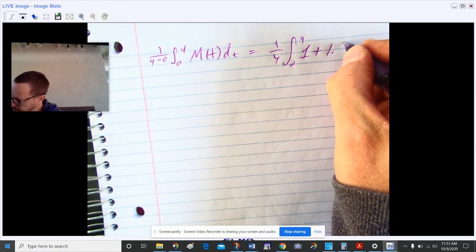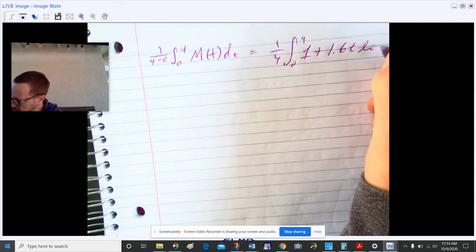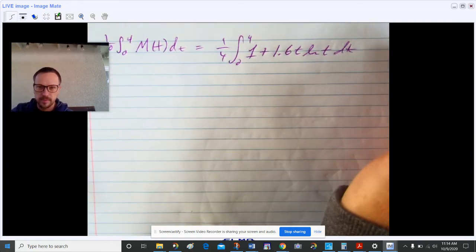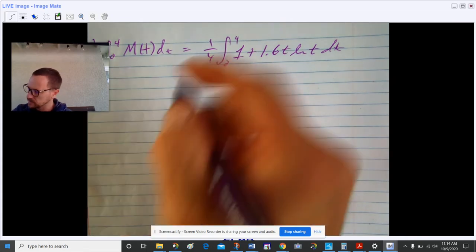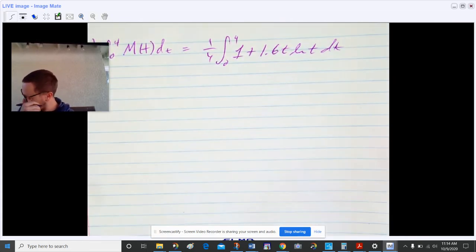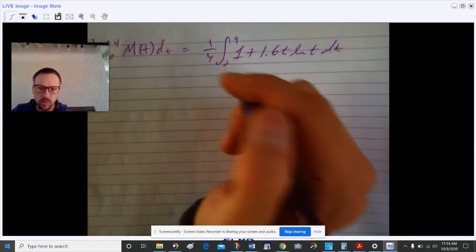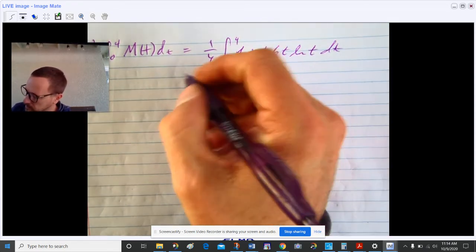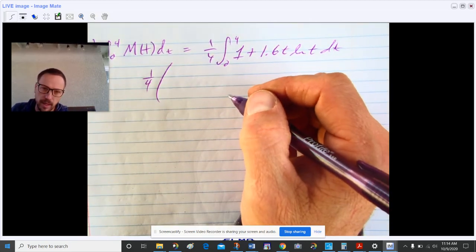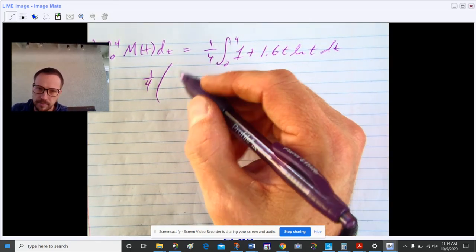Okay, just put it in the banking place. Like so. We could then split this apart so that it's a little more manageable. You just have that 1/4 out on the outside if you like.